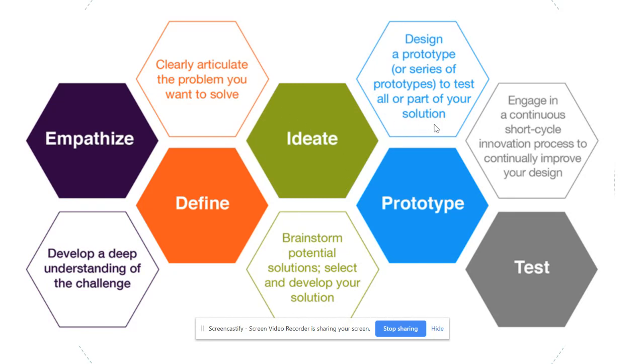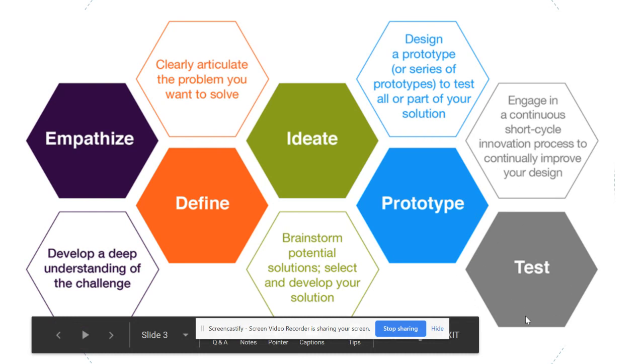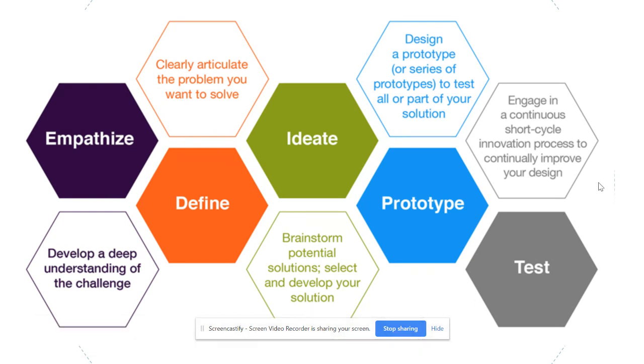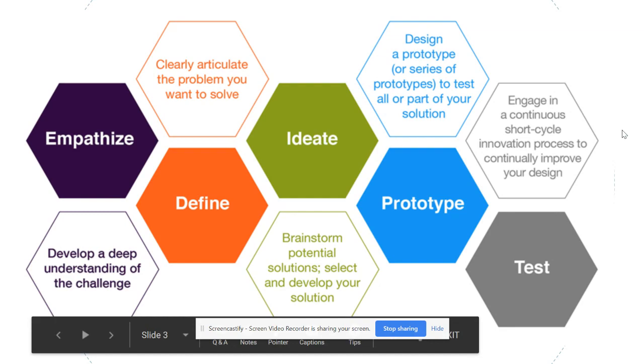And then you're designing a prototype, which is your solution to your problem that you defined. And then your test is obviously testing it and getting feedback. And then if your feedback is good, then you continue on and improve. And if your feedback is not exactly what you want, then you go back to the very beginning and empathize, define, ideate again.